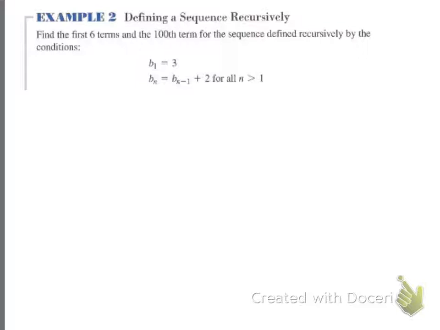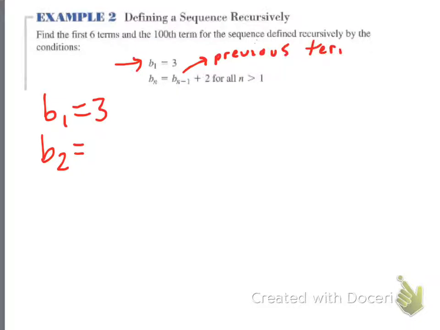So again, same thing, except this time we're doing the first 6 terms and the 100th term, but now it's a recursive sequence. So it says find the first 6 terms. B1 is 3, they gave us that. B2, now when they say B sub n minus 1, what they're talking about is the previous term.